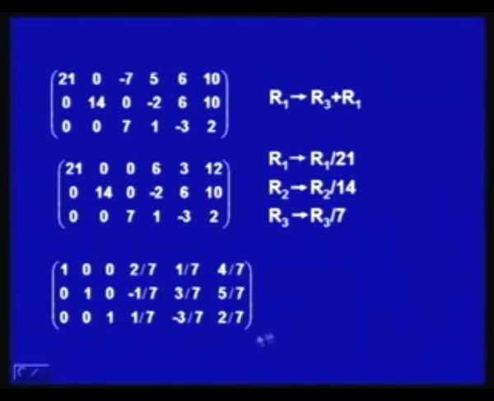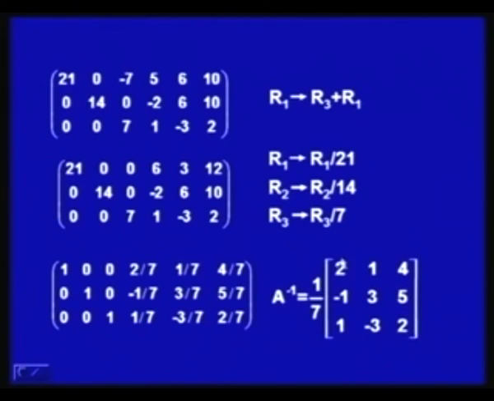So we say this is nothing but the inverse of the given matrix. So A inverse is 1 by 7, I have taken 1 by 7 out, so it is 2, 1, 4, minus 1, 3, 5, 1, minus 3, 2 as the inverse of the given matrix. So that is how we use row transformations to obtain the inverse of a given matrix.